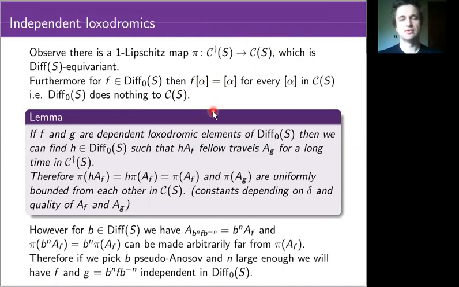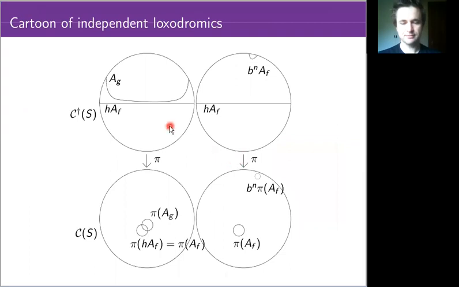So now just suppose that we have two dependent loxodromic elements of Diff naught. Well, then we can always find an H in Diff naught such that H A_F fellow travels A_G for a very long time, for some arbitrary distance. Let's draw a picture. Suppose A_F and A_G are dependent loxodromics. Then I can make H A_F fellow travel A_G arbitrarily much.